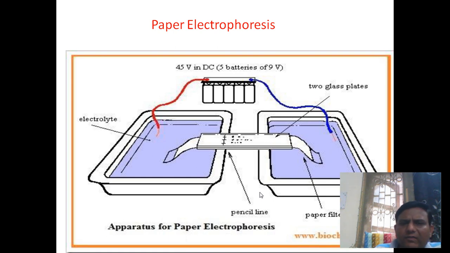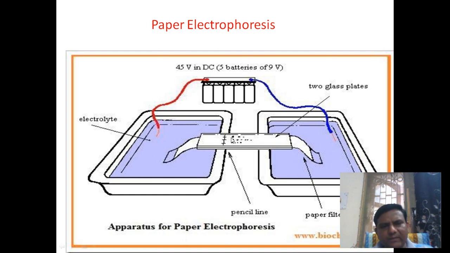Now what components are required for paper electrophoresis? You can observe this slide. In this slide you can observe a paper electrophoretic unit. For paper electrophoresis we need two buffer reservoirs. This one is the first buffer tank and this one is the second tank, in which we pour the same type of buffer.